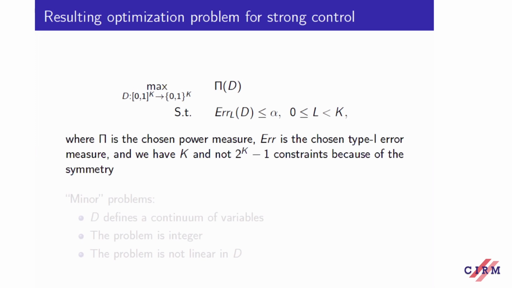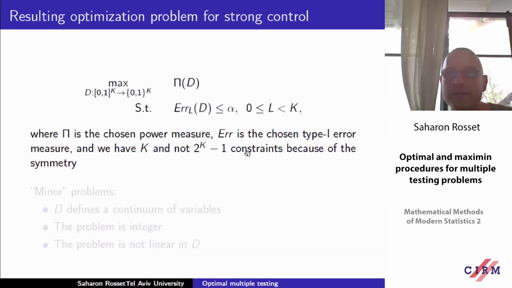Because we are looking for strong control, so we need to control it under every possible combination of true and false nulls. So that would, in principle, give us 2^k constraints here. We actually have only k constraints because of the symmetry in our problem, the symmetry in our functions, and the symmetry in our decision. So we can limit ourselves to k constraints.